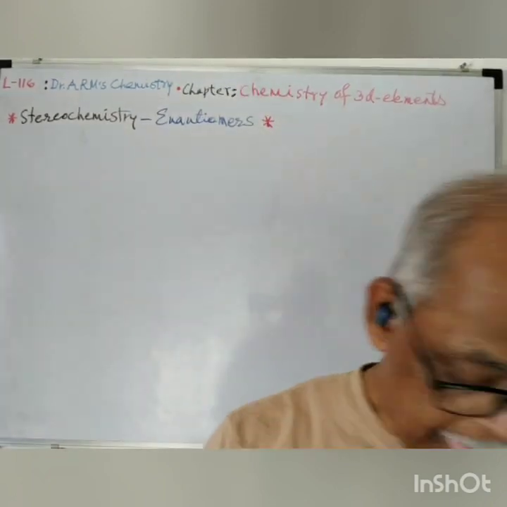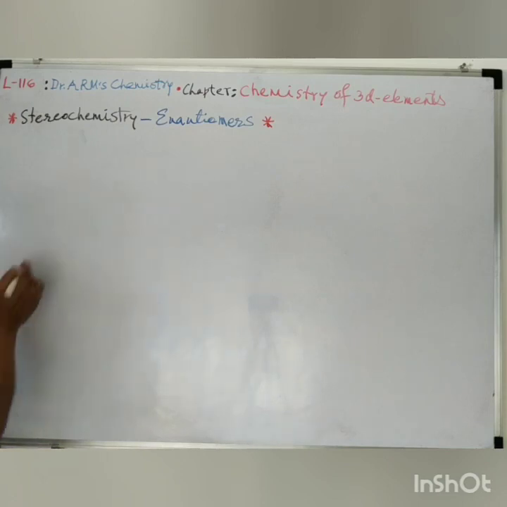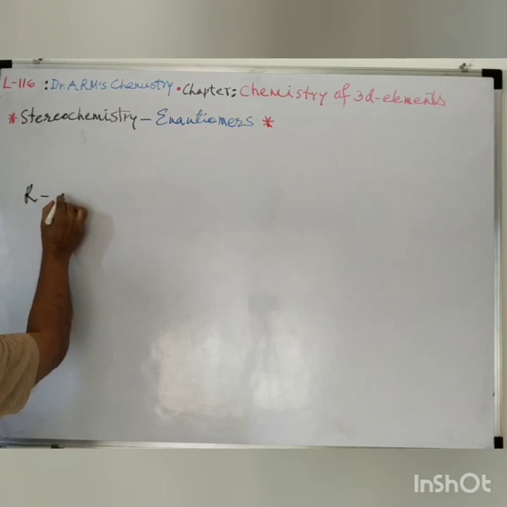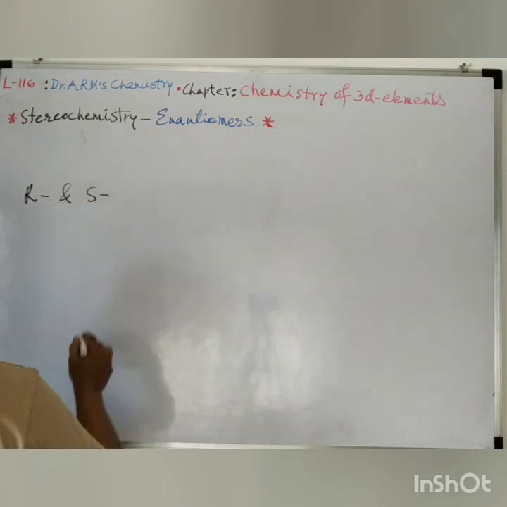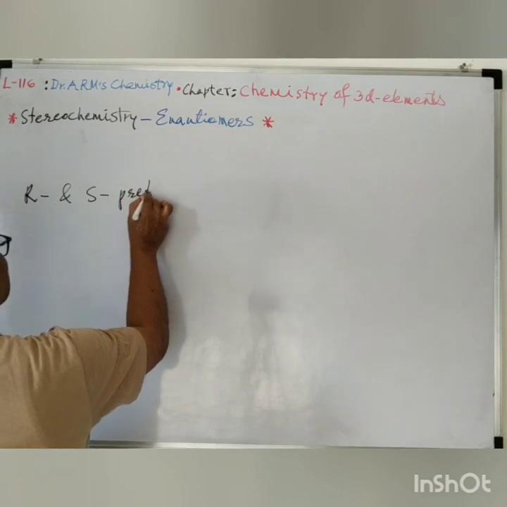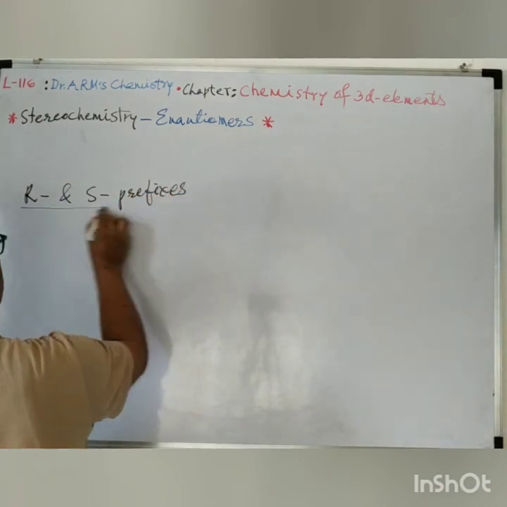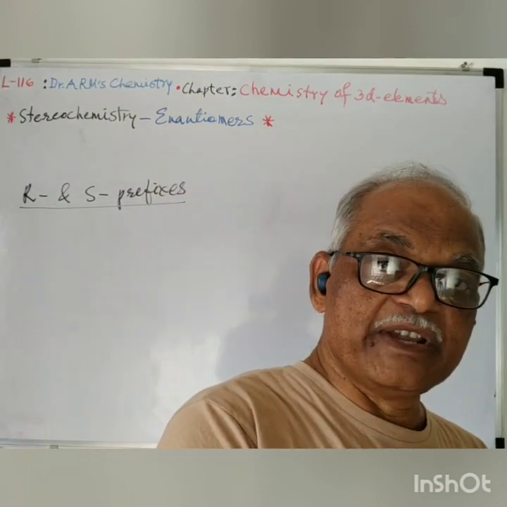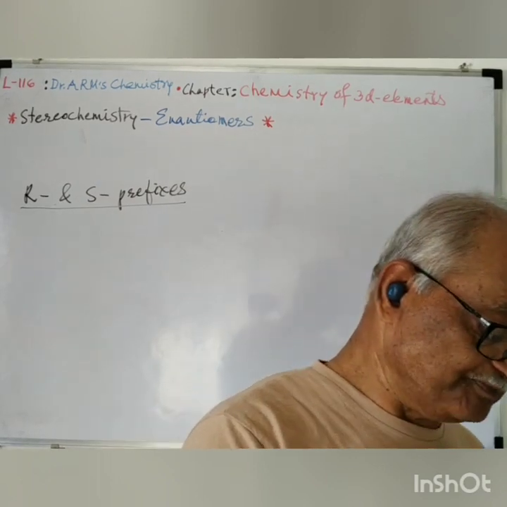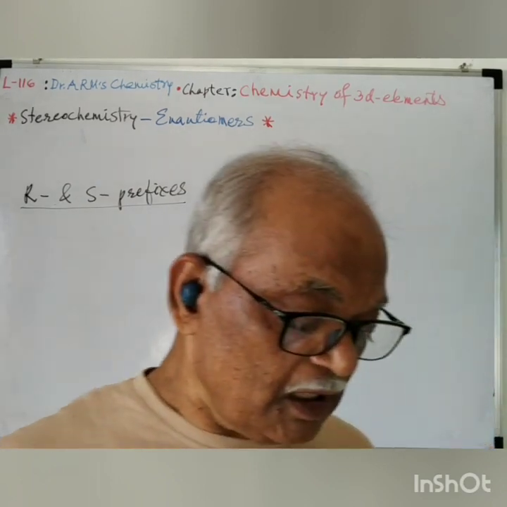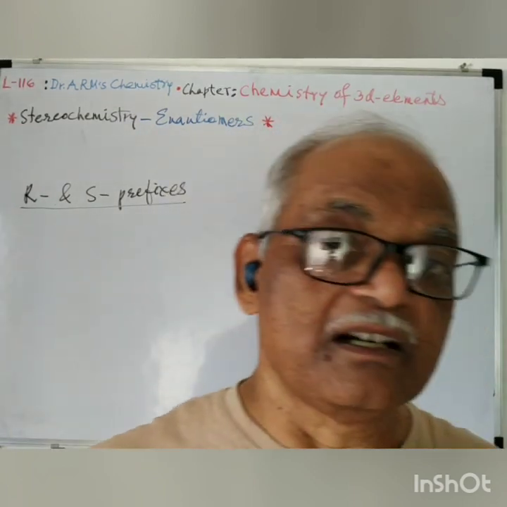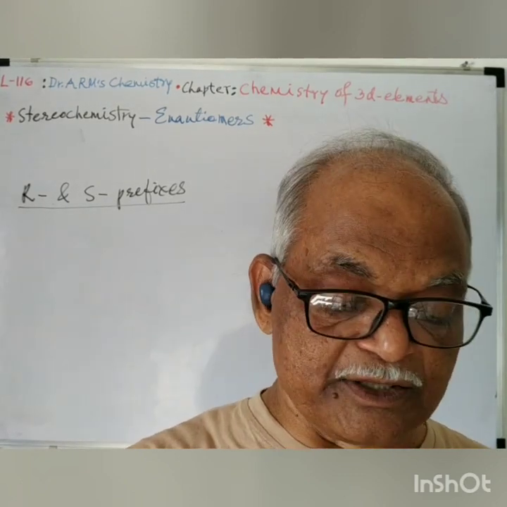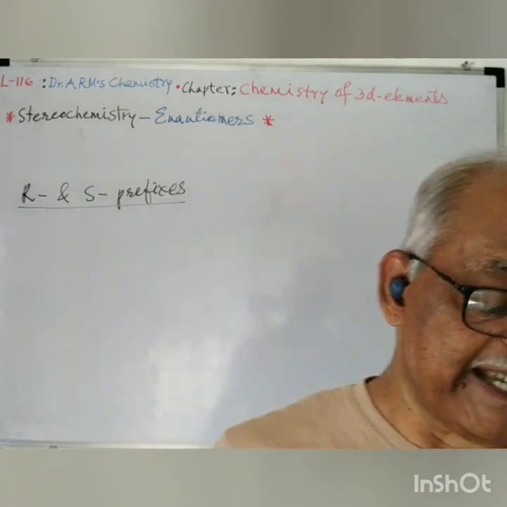They are also represented using other prefixes, that is R and S. These are also conventions indicating the labeling of a chiral carbon atom, means an asymmetric carbon atom, which has tetrahedral geometry with four different groups attached.